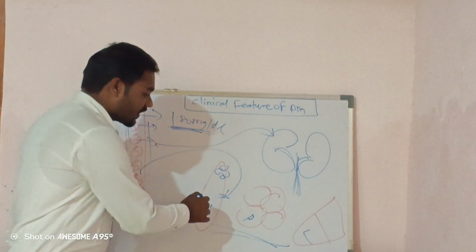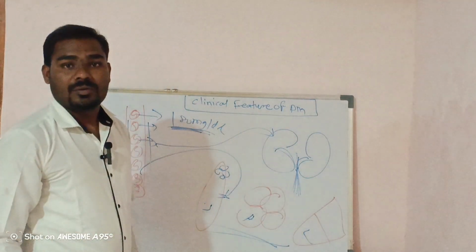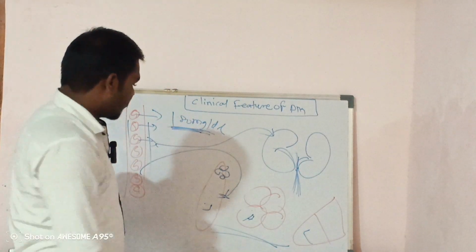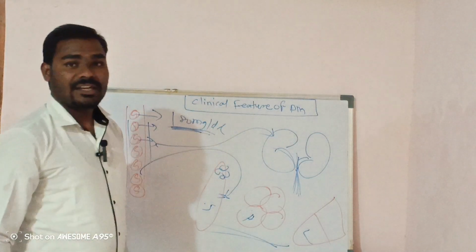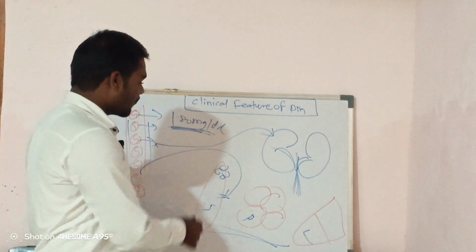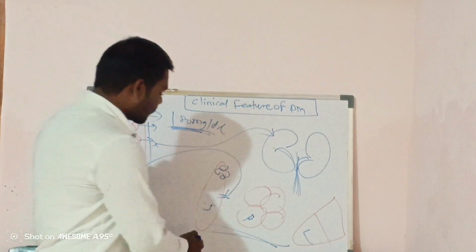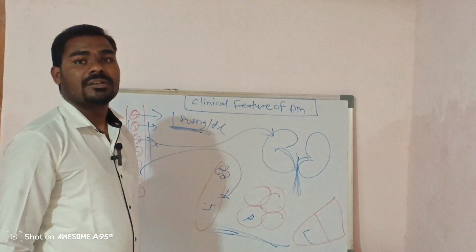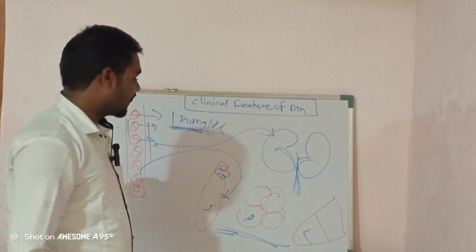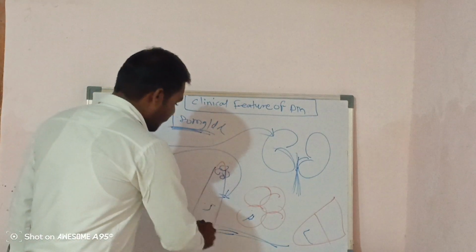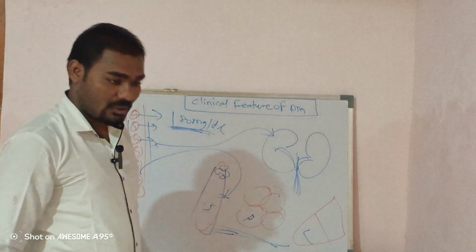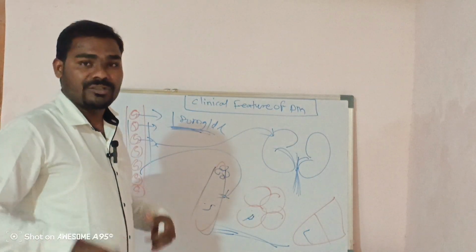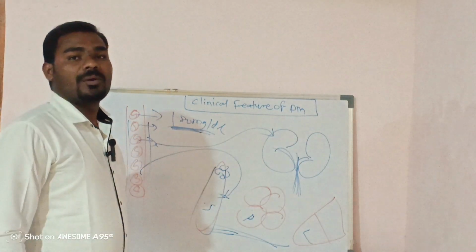But these organs require glucose for ATP synthesis. Since these organs get starved, they do not get the glucose. There is no ATP synthesis. So these organs utilize the proteins and fats, and our body is made up of fats and proteins. Initially our body is made up of proteins.